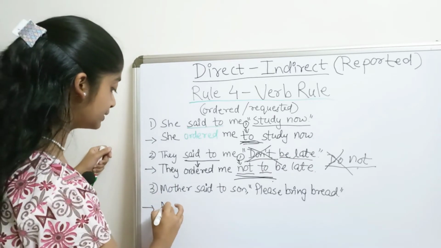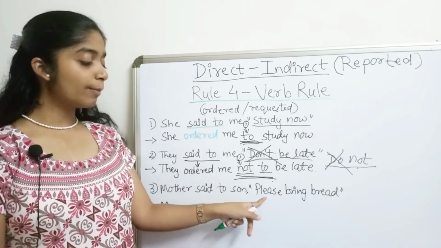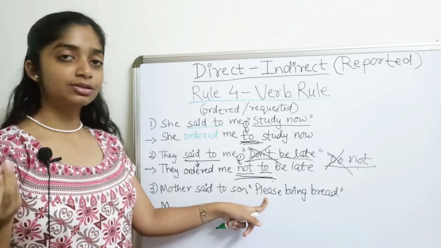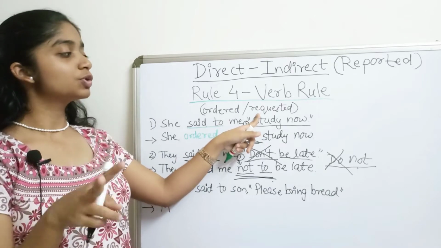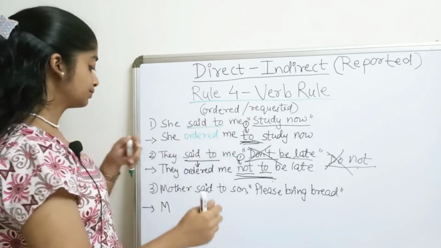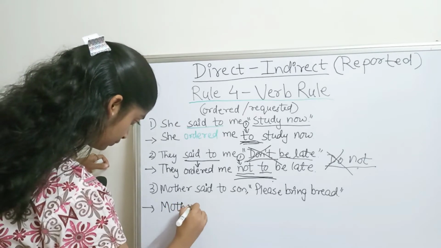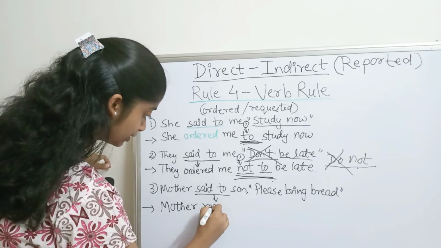Next, mother said to son, please bring bread. Now here we come across the word please, which is a request. So from ordered and requested, from these two words we will use requested. Mother said to will change to requested.